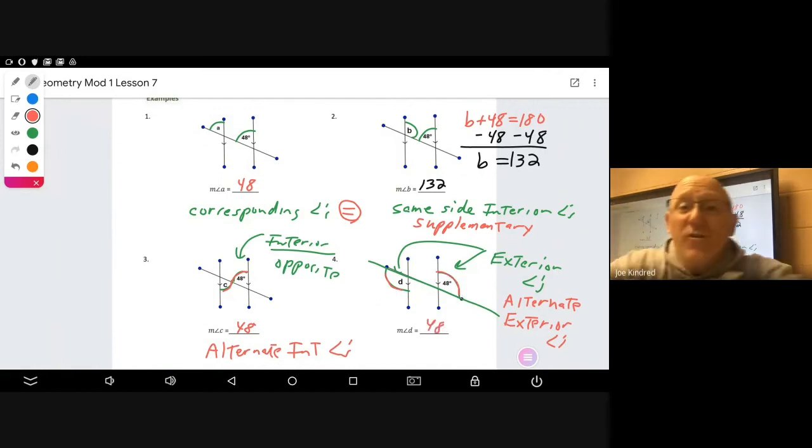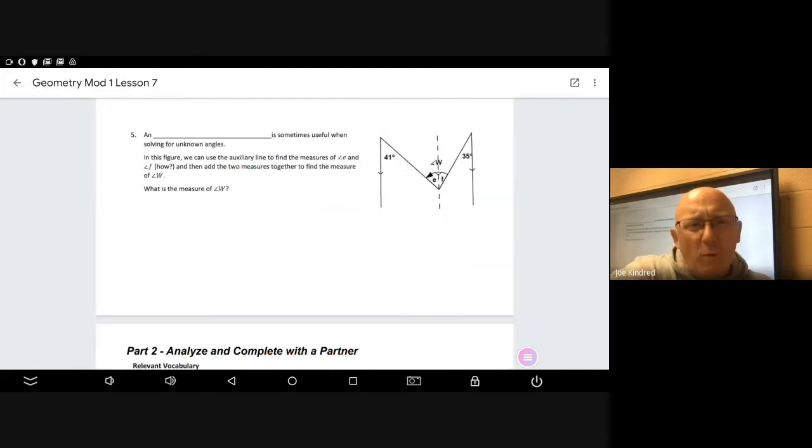So we're going to use these facts today to help us solve for unknown angles. We're going to take these skills and see if we can use them, along with what we learned from lesson 6, in problem solving today, solving for unknown angles. One more thing I want to mention for lesson 7. It's the addition of something called an auxiliary line. And so in number 5, actually the last example here, we're going to look at what's called an auxiliary line.